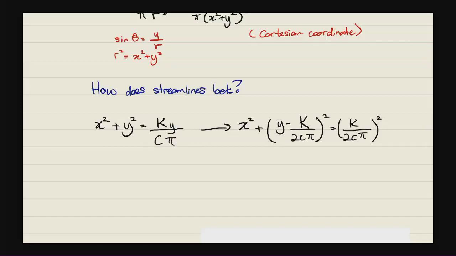So it's just a circle with radius k over 2c pi, and it's located at 0, k over 2c pi. Okay, very good.